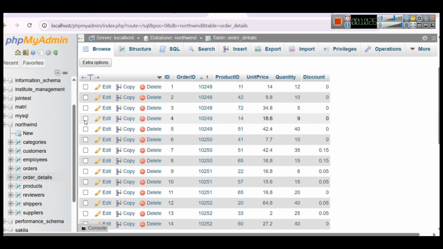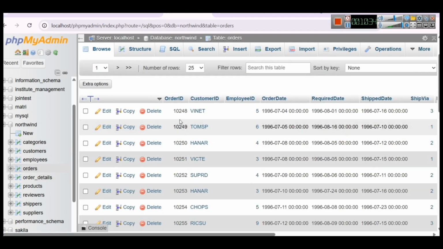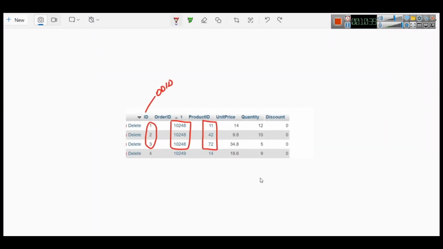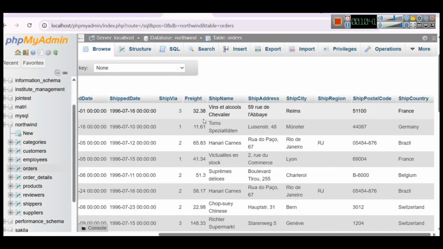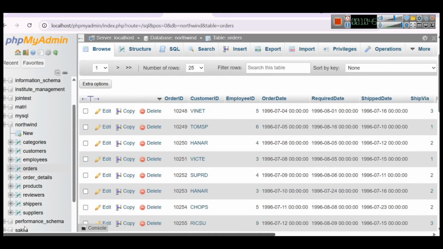This orders table has a lot of important information. In order ID 10248, this is what we saw, right? This was made by a customer with ID VINET.